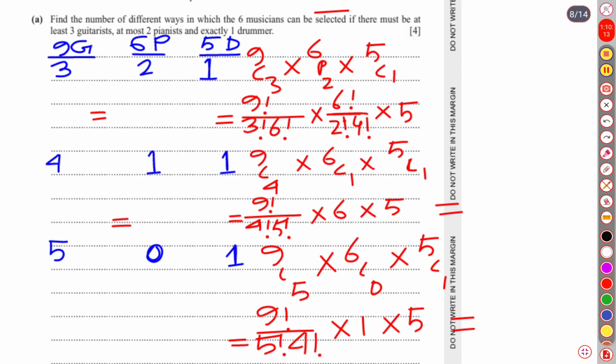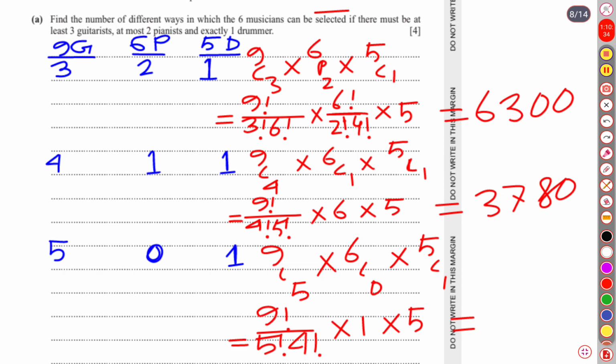If we use our calculator, the number of selections in the first case is 6300, and in the second case it is 3780, and finally there are 630 selections.